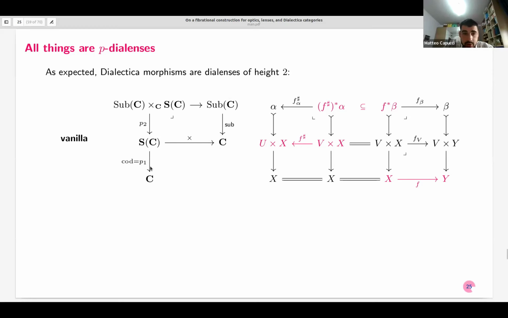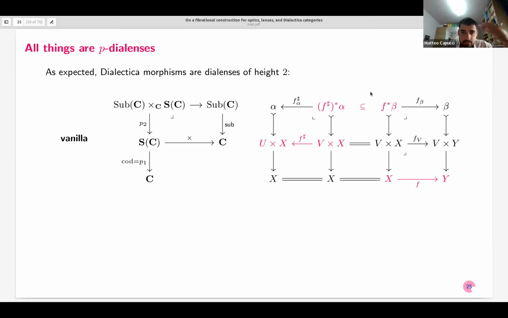So these two fibrations are exactly the data that, when fed to the iterated dual construction, give us a description of dialectica, okay? And this takes a bit to unpack, but if you do it, you realize that this condition here is exactly the condition that you've seen when I gave the definition of dialectica category.